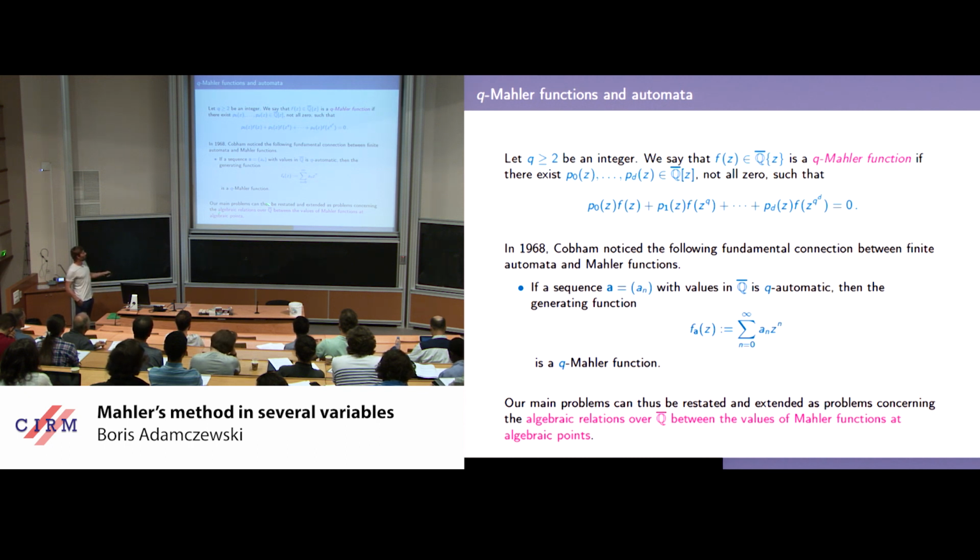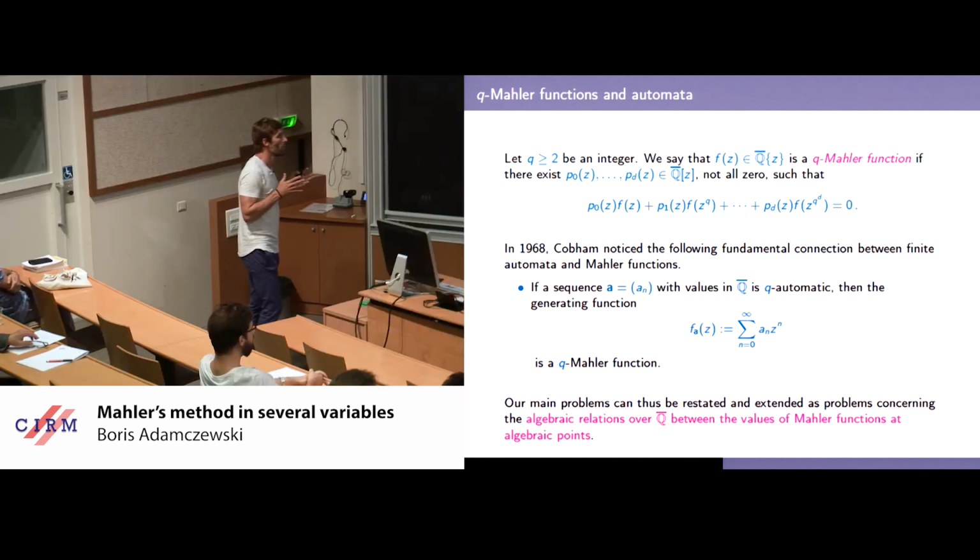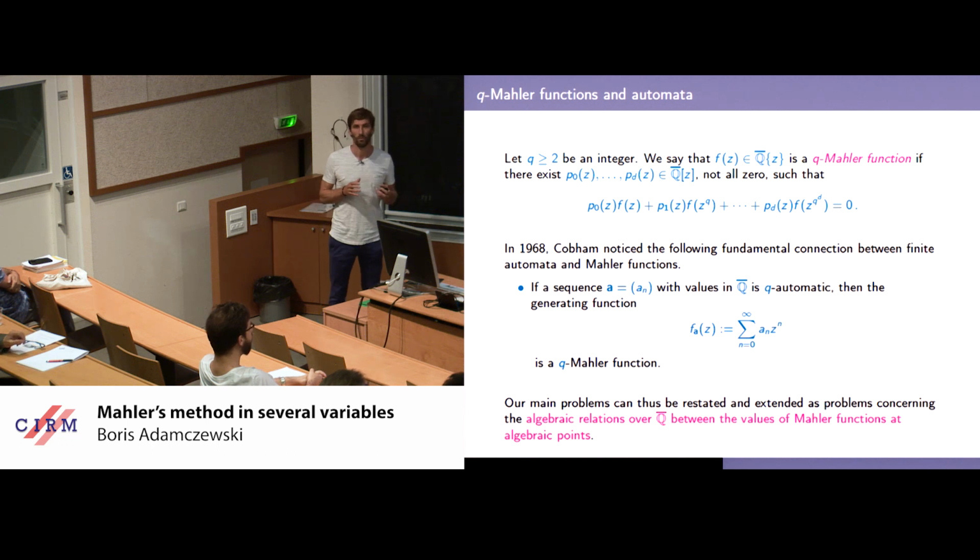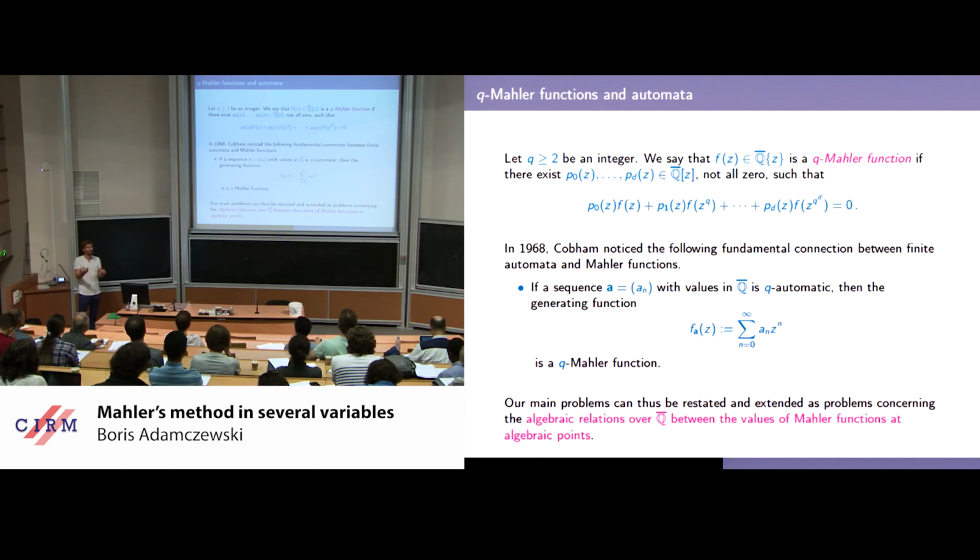So all our problems can be restated and extended in problems about the algebraic relation between the values of Mahler functions at algebraic points. Okay? So for instance, if I take the Thue-Morse sequence and I want to speak about the Thue-Morse number in base 2, it's just the generating function at the point 1/2. So the numbers I'm interested in here appear as values at algebraic points, actually at rational points, of Mahler functions.